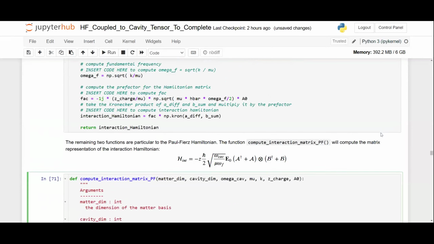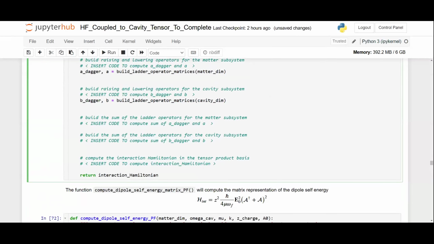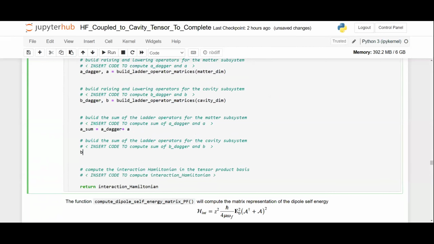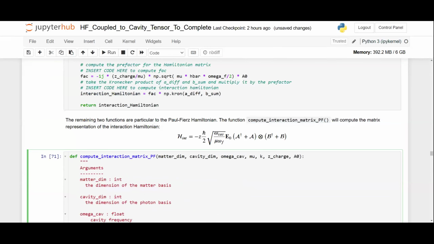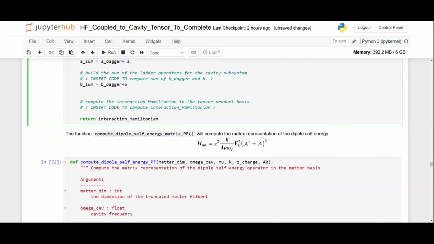And then we need to compute the sum of A dagger plus A and sum of B dagger plus B. So we'll store that in A sum equals A dagger plus A, and B sum equals B dagger plus B. And then we will be taking the tensor product of these and then multiplying them by the prefactor.